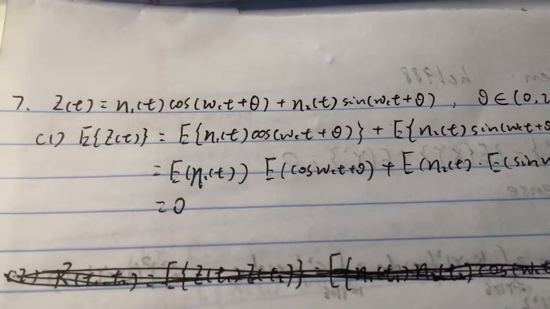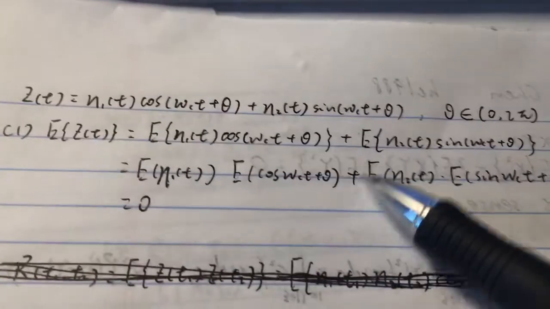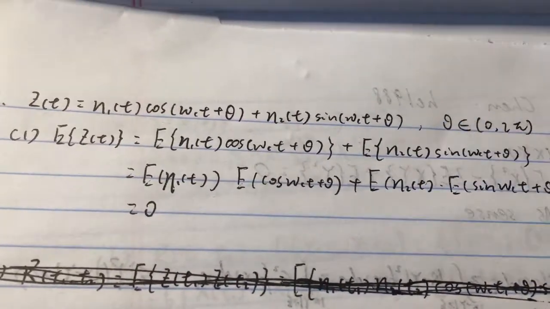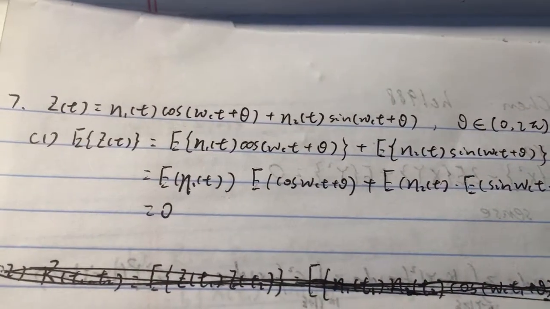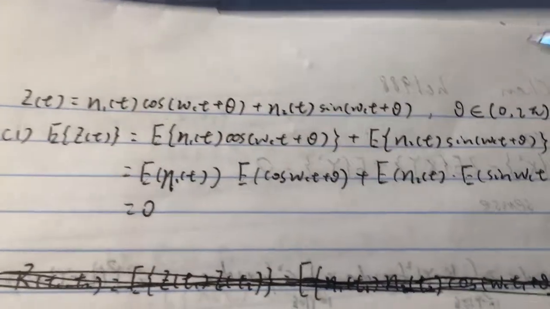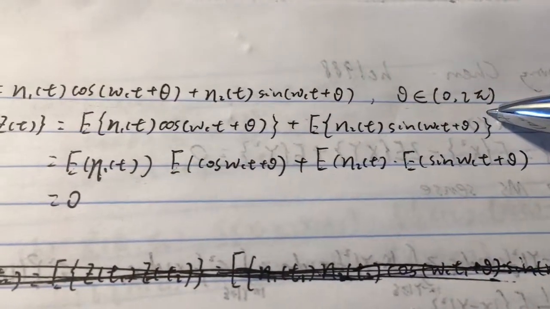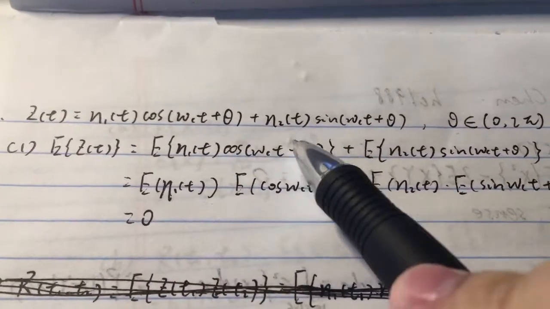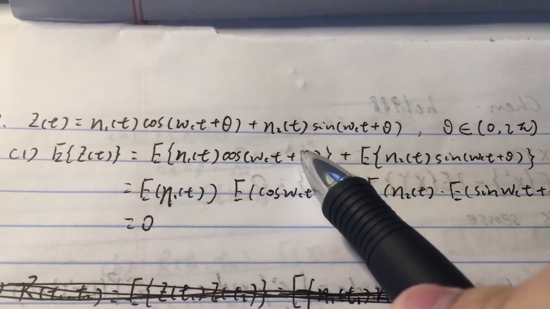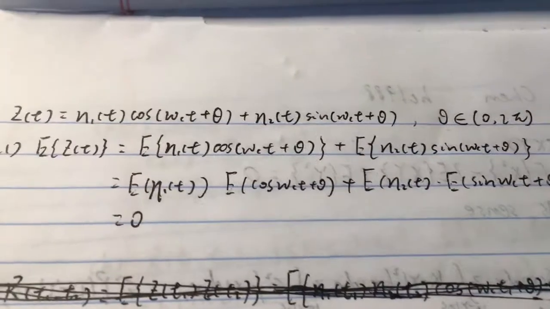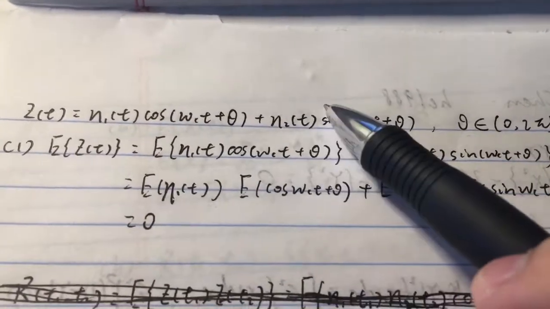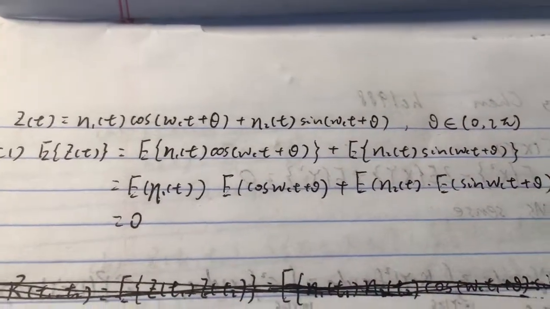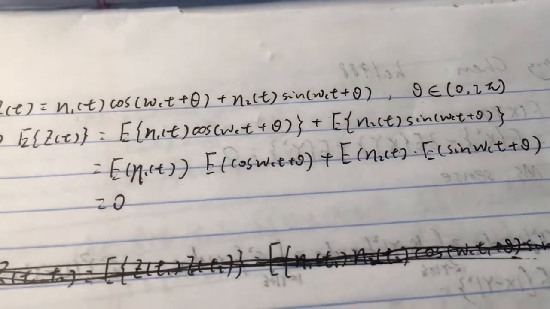The angle theta is uniformly distributed in the interval 0 to 2 pi, and m1(t) and n2(t) are wide-sense stationary, and all of them are independent. So we have this condition.